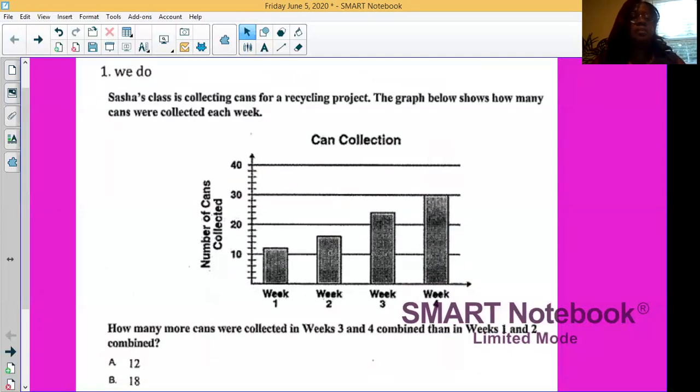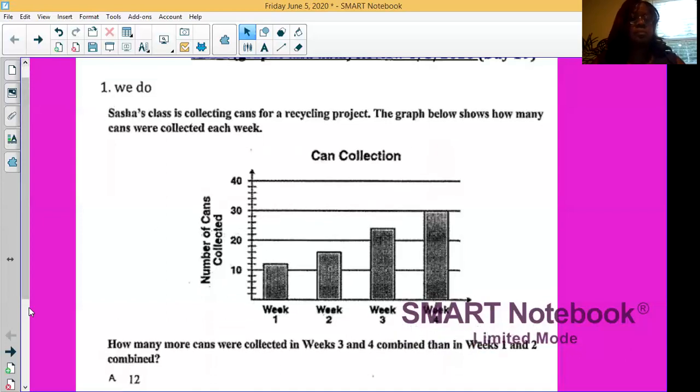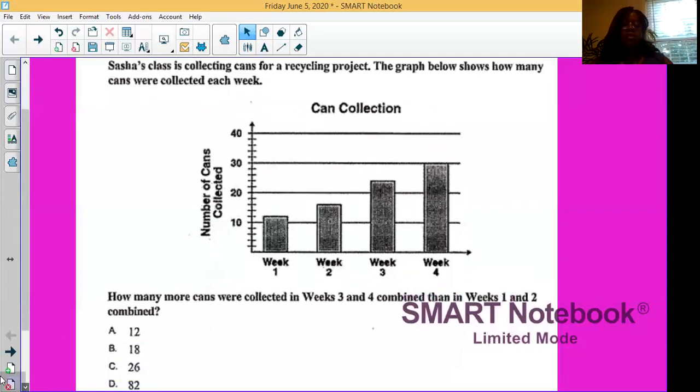Okay, you want to slide up. Okay, maybe that's better. All right, so the first thing we need to do is underline our big question.